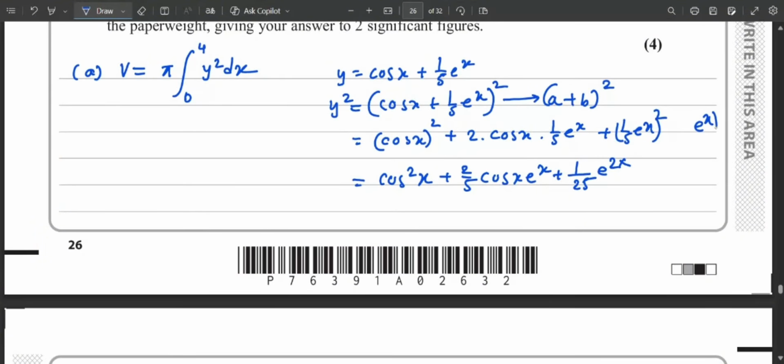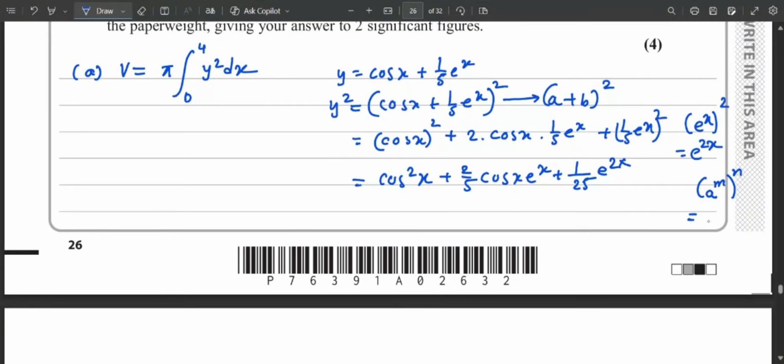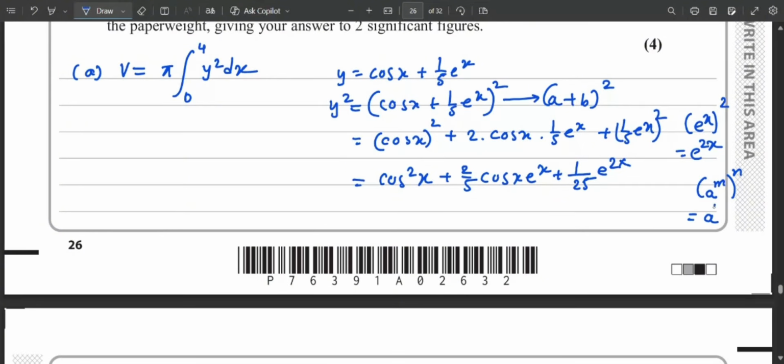E to the power of x whole square is equal to e to the power of 2x. The reason for this is that if there is a base m with a power, and there is a power n on the whole expression, this can be simplified as m into n.